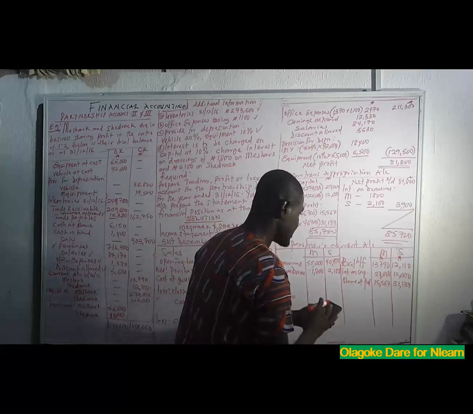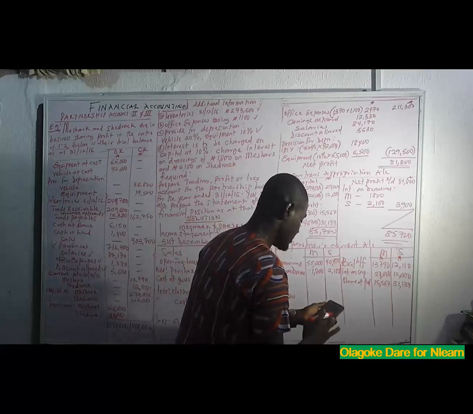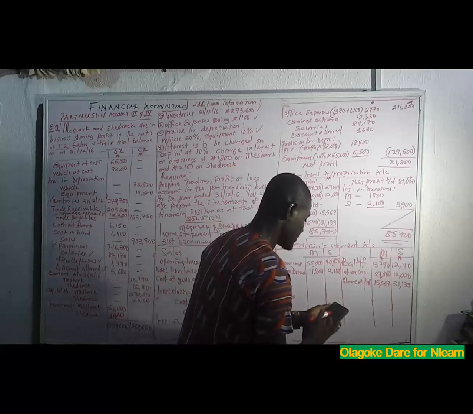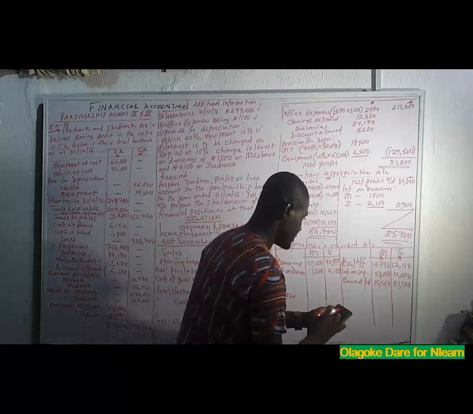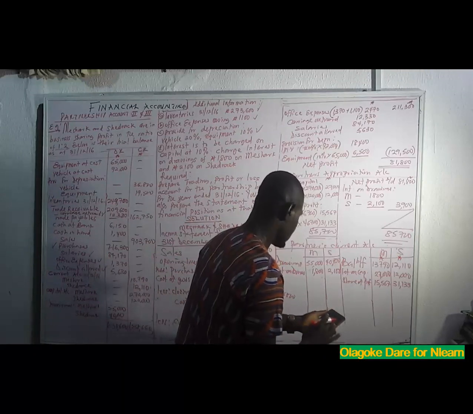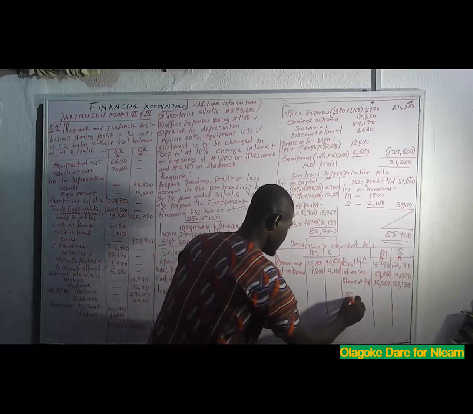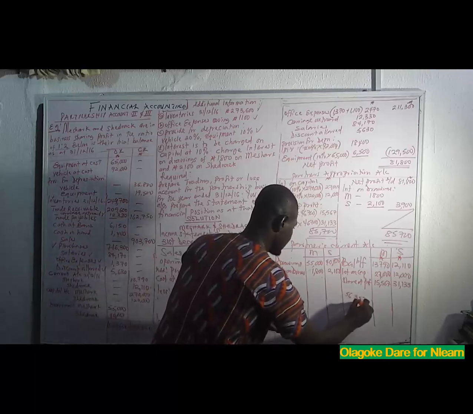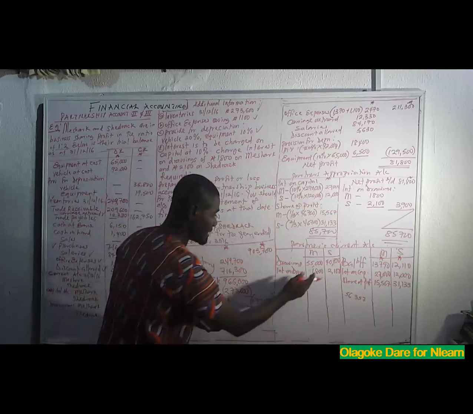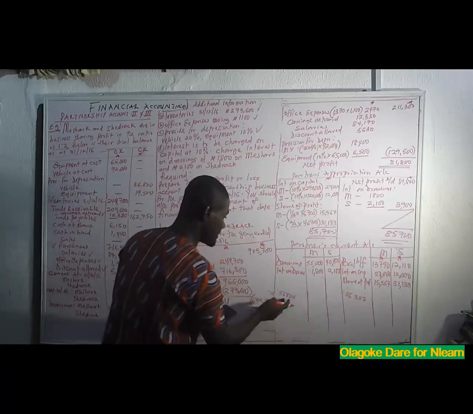Let me check the other side. I have 13,790 plus 27,000 plus 15,567. I have 56,357. It's obvious that the debit side is greater than the credit side.